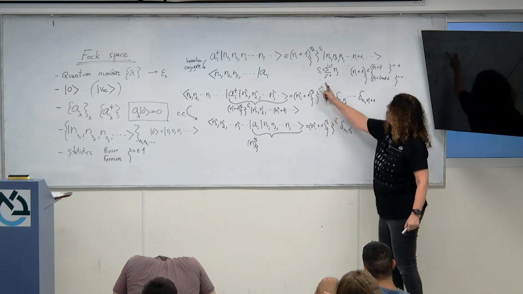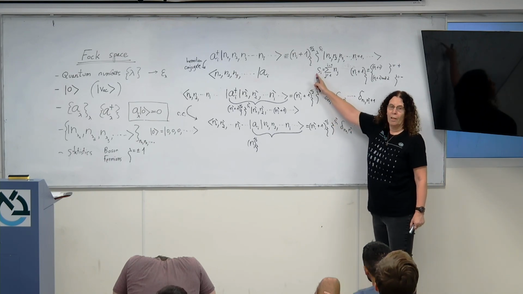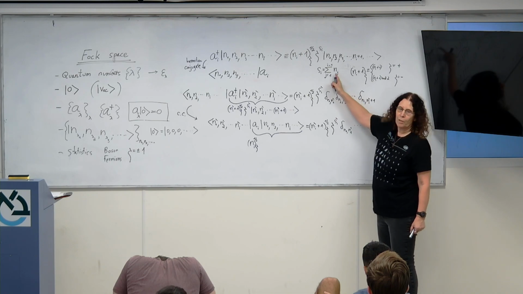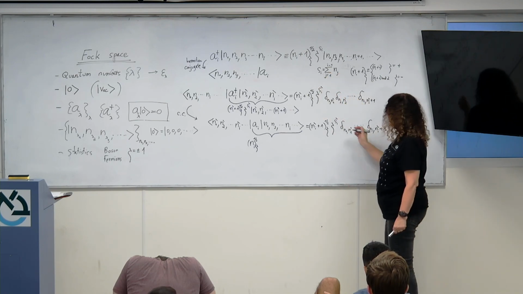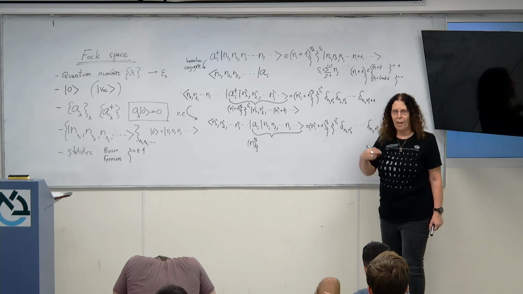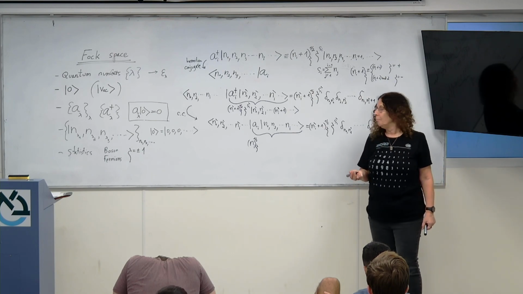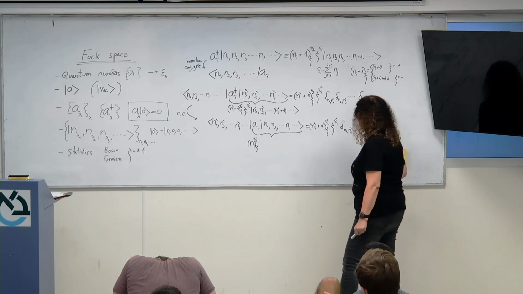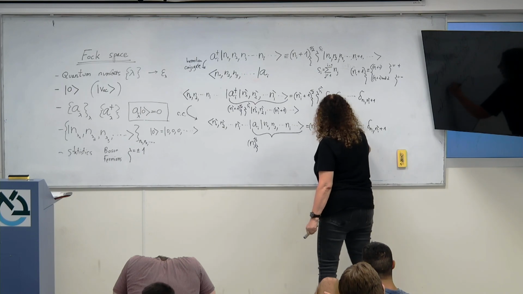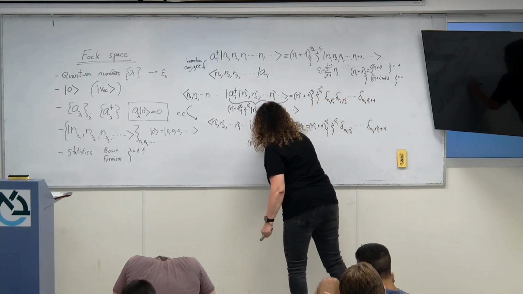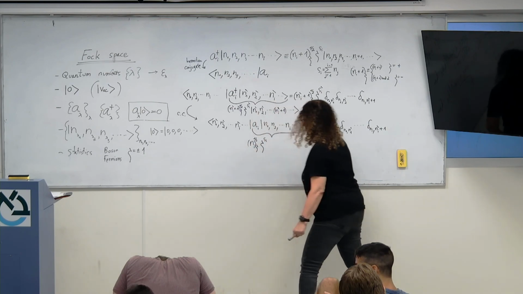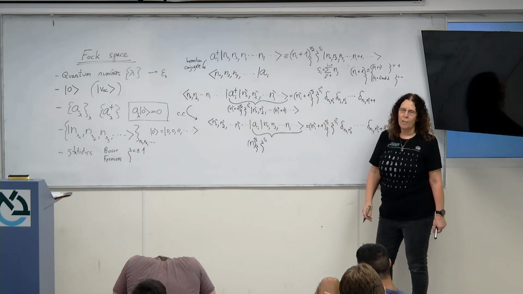Why? What is the definition of Si? It's the sum of all the occupations up to i, right? But all the occupations are the same, only Ni changed by 1. Therefore, Si prime equals Si, so I can just write it as zeta to the Si.